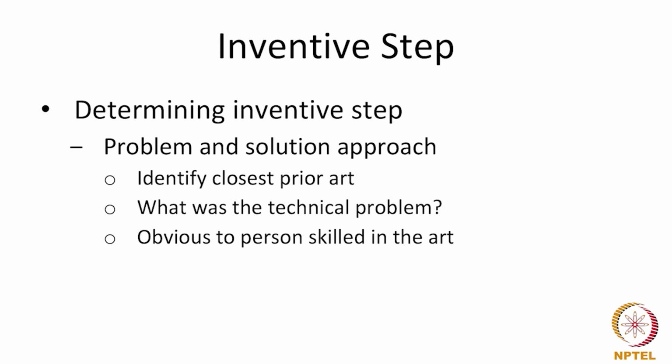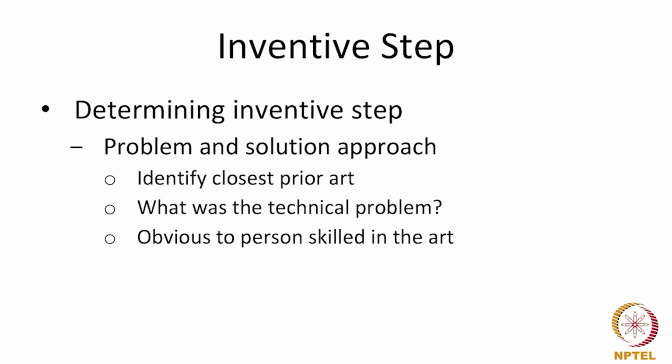We may simply phrase it as, what was the technical problem? Because the closest prior art would have enumerated the problem, but it would not have solved it. So, first we identify the closest prior art, then we establish the objective technical problem to be solved. So, we define the problem or we identify the problem to be solved.